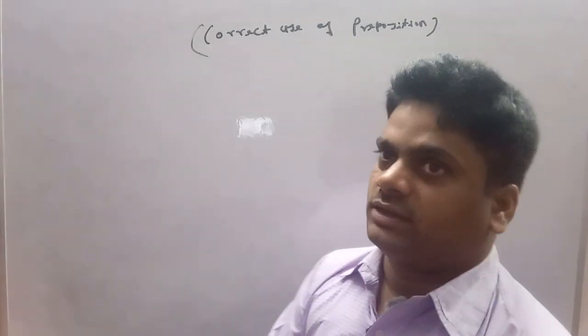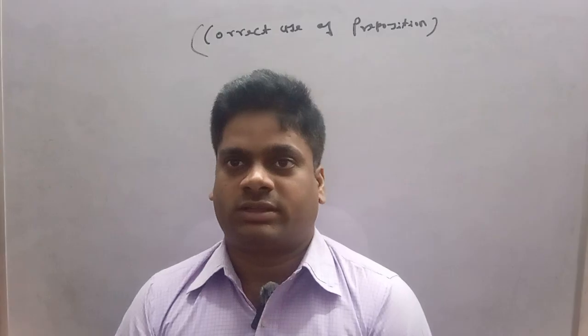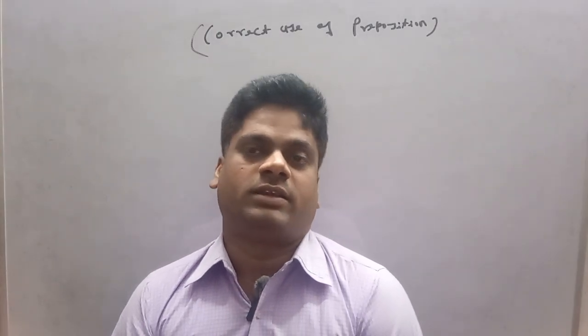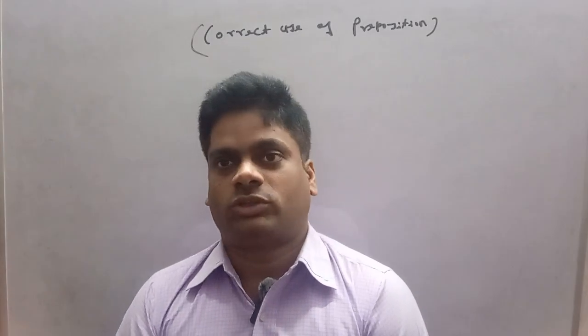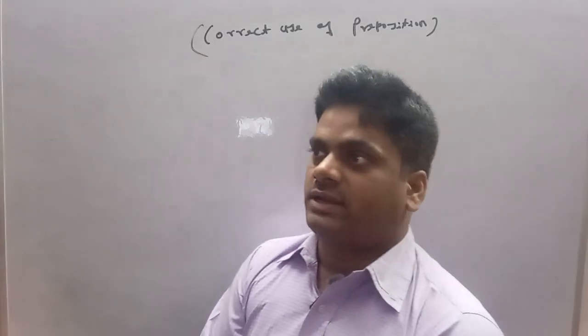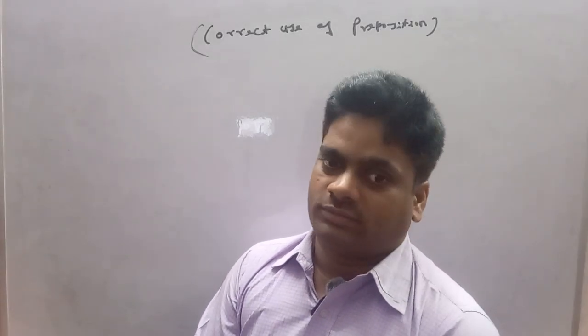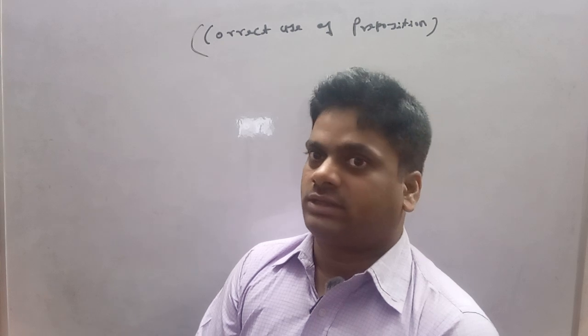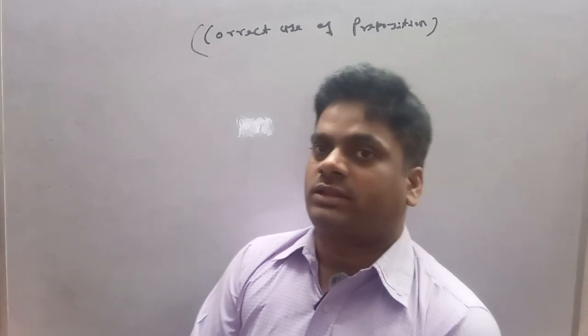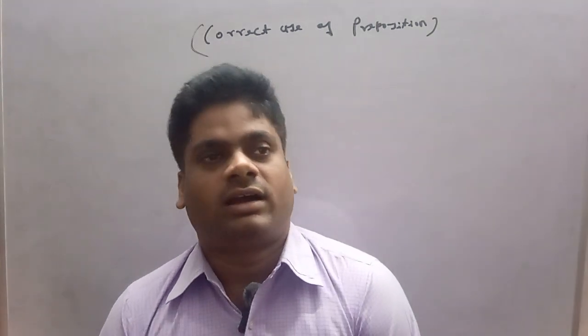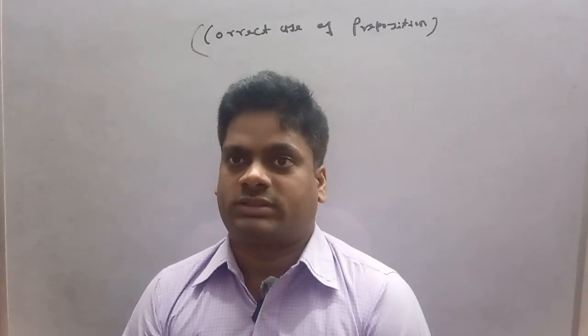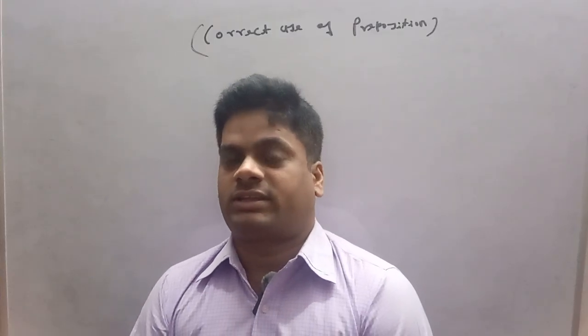If I say "happy birthday" is a sentence, here we need a preposition. To whom am I addressing happy birthday? Here birthday is working as a noun in the sentence and happy is working as an adjective.